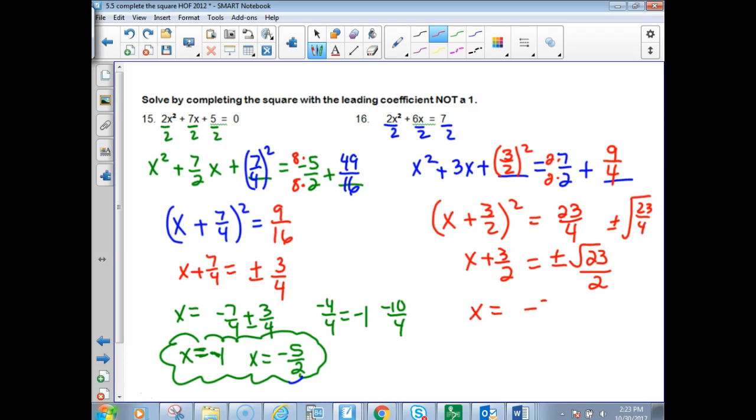So it's going to be negative 3 halves plus or minus the square root of 23 over 2. Okay? Anybody still need the page?